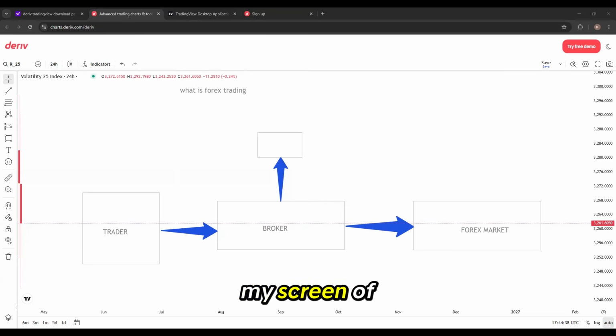So I'll share my screen of how MT5 looks like on your PC, and I'll explain some of the things that you are going to see from that PC so that you get a basic understanding of how things look like. So I shall now be sharing my MT5 screen.